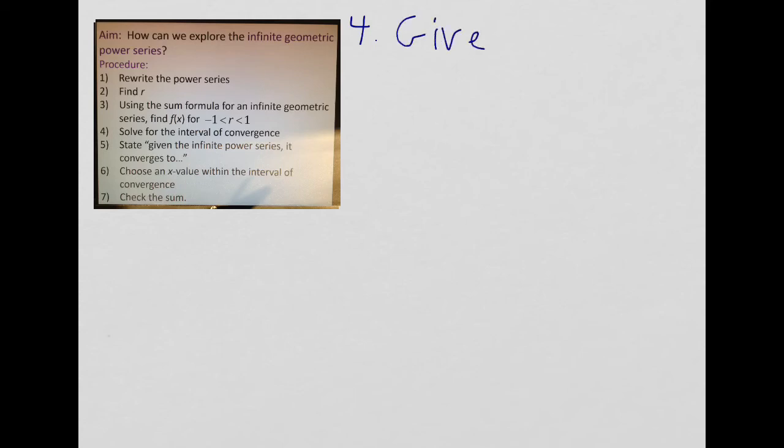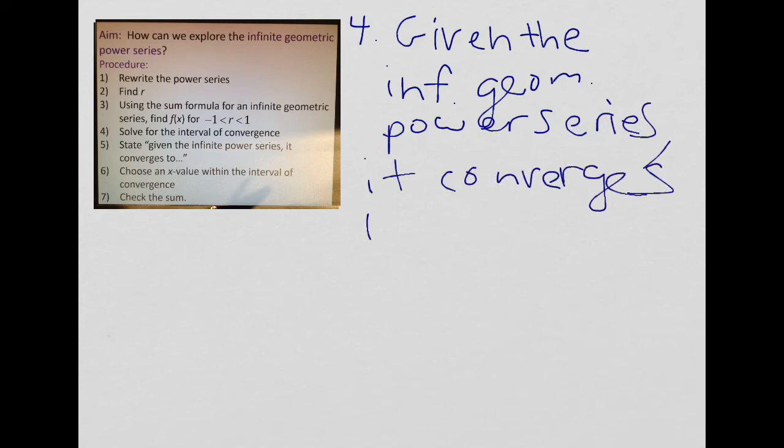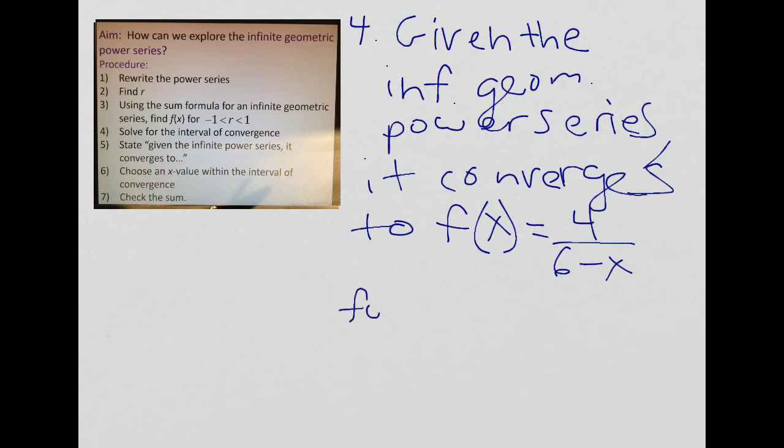Given the infinite geometric power series, because that's what we're working with, the given one that is given to you, it converges to our function, so f of x is equal to 4/(6 minus x), for negative 2 is less than x, which is less than 6. I believe that's what we got in the last step.